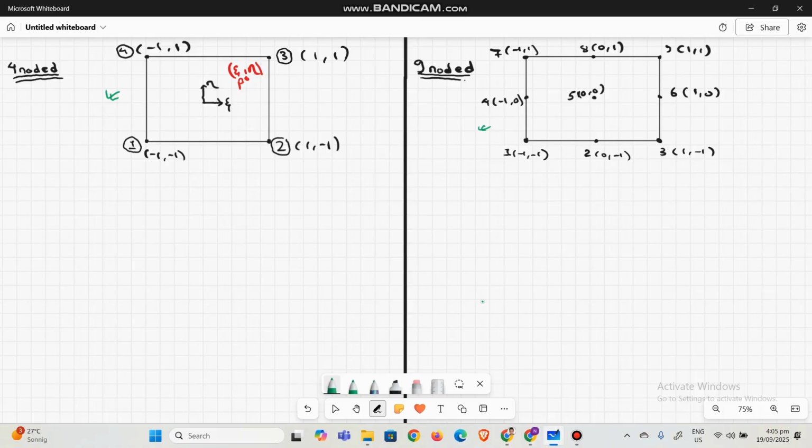So for example, in this situation, we have the local coordinates xi and eta, and our point of interest is point P, for which we have to find the displacements. So the first thing we need to do is find the shape functions for all these nodes. Let's see, if we need to find the shape function for node 1, then we use a similar concept. Since it is a 2D element, we have to consider both the xi and eta directions.